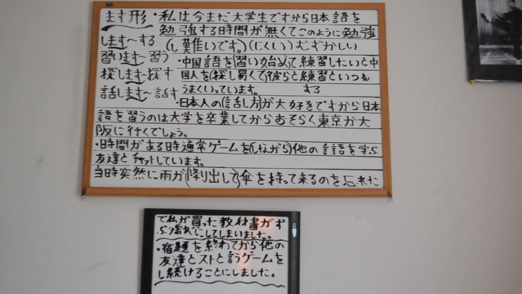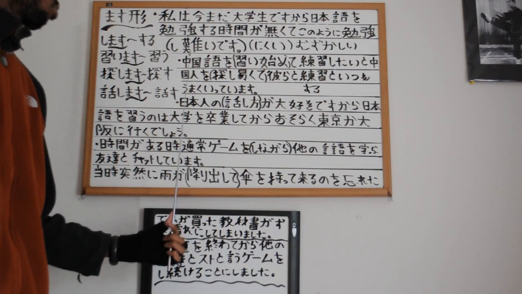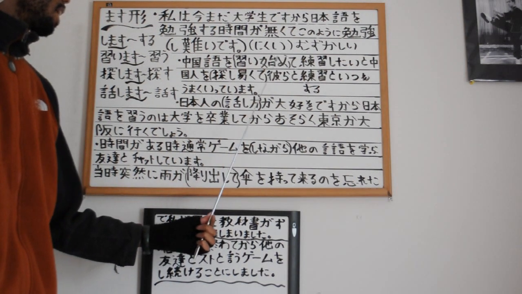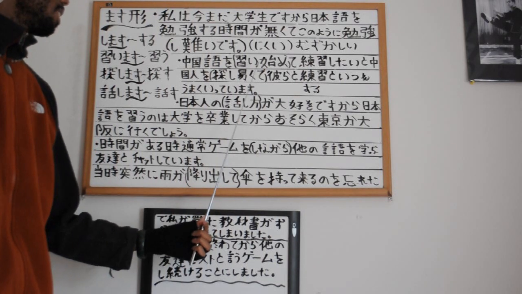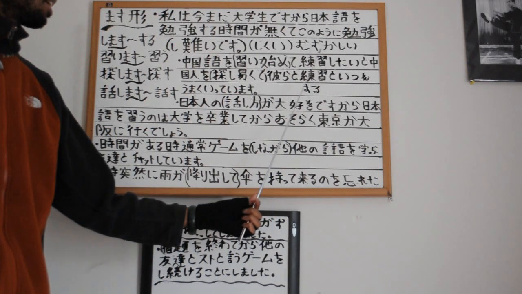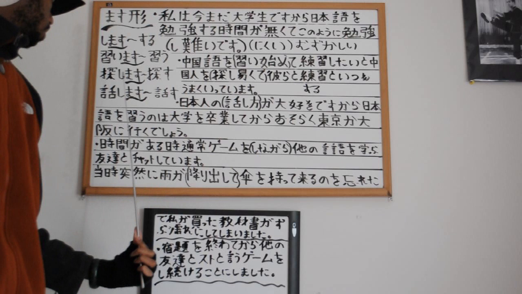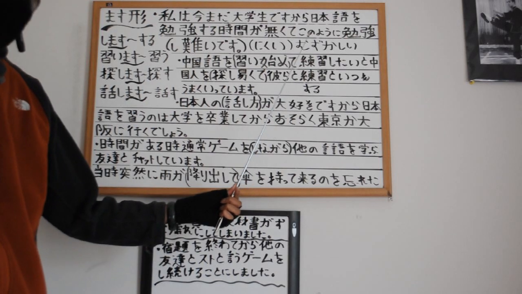Let's see here. Okay, so Chugokugo o narai hajimete. So I began learning Chinese, and renshu shitai, from renshu suru. I don't have it up here. Renshu by itself means practice. It's a noun.